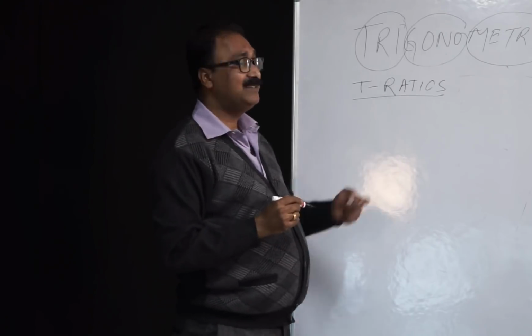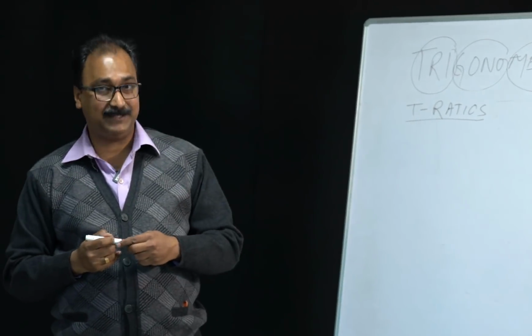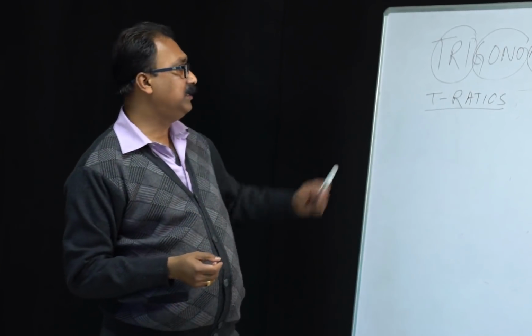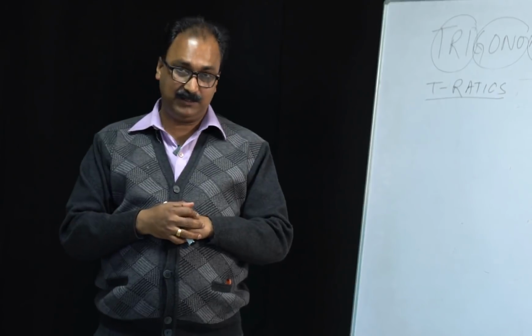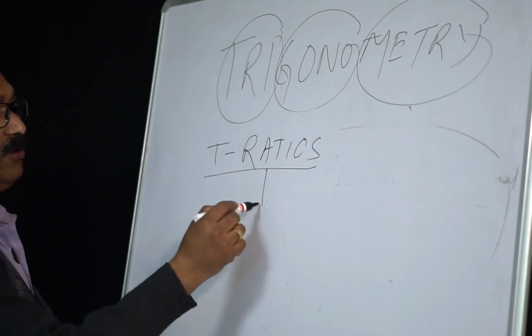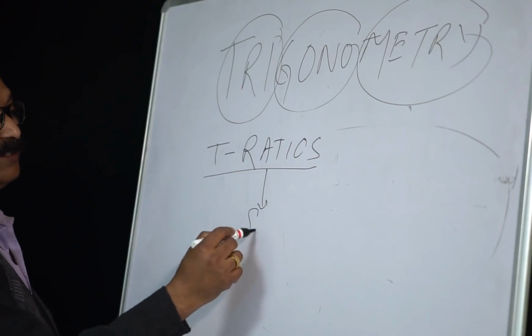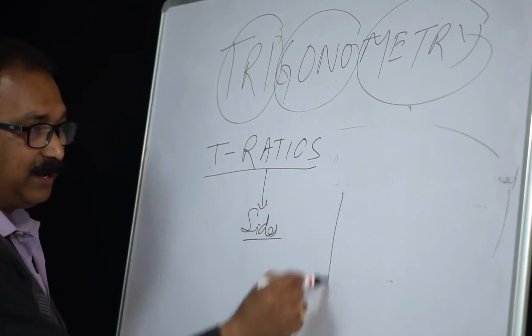The ratio means dividing two quantities of the same kind, and here we will deal with the trigonometric ratio of the sides of a right triangle. Clear? So look at here, the ratio with respect to sides. Look at here, this is a right triangle.